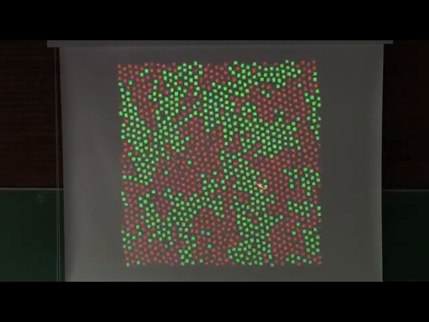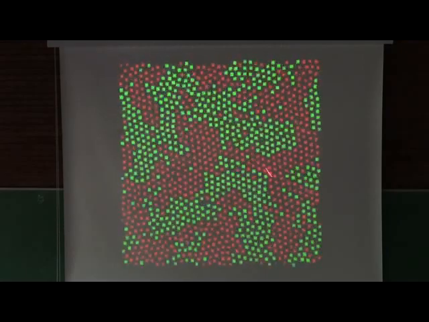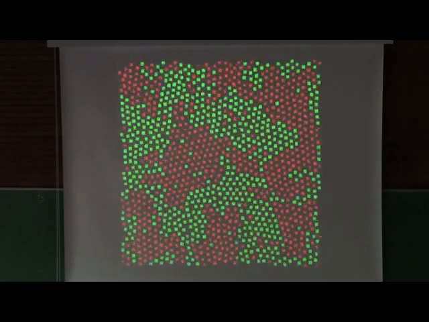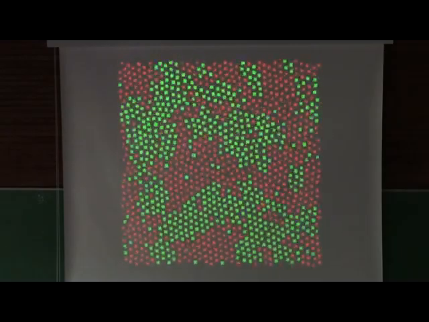what you can see is that I'm starting out at the initial random configuration, and as time passes, green particles like to be in the vicinity of green particles, red particles want to be in the vicinity of red particles, and red particles really need to stay away from green particles. And the system here is then showing what's called spinodal decomposition.